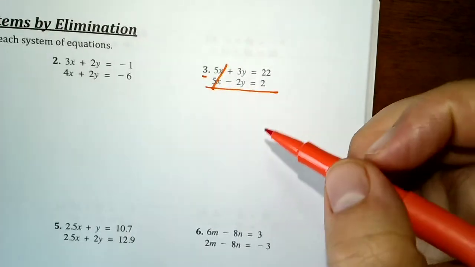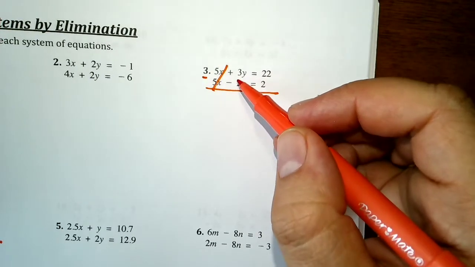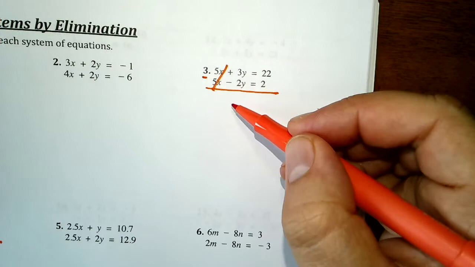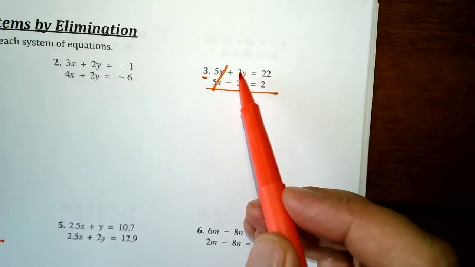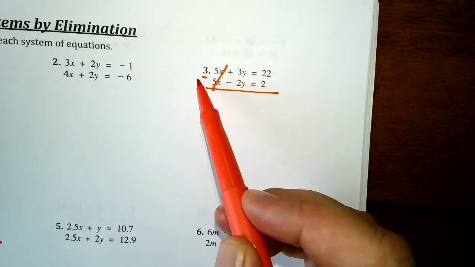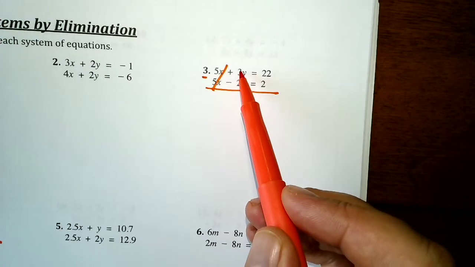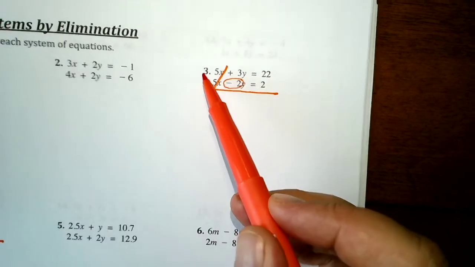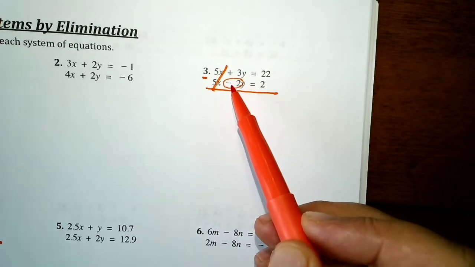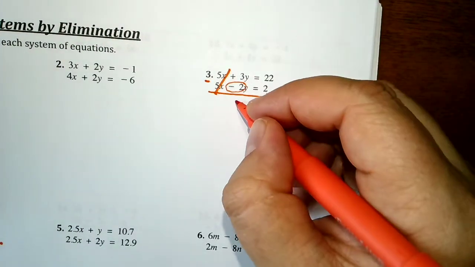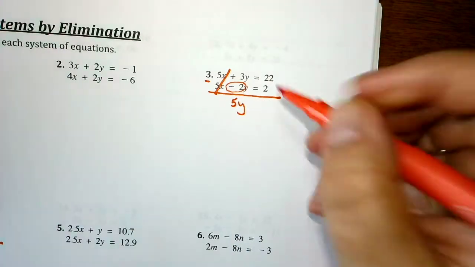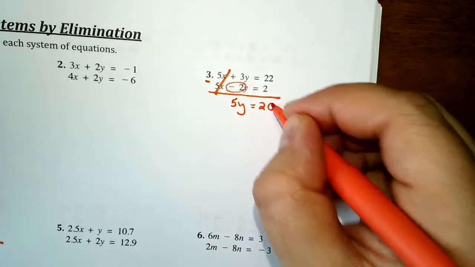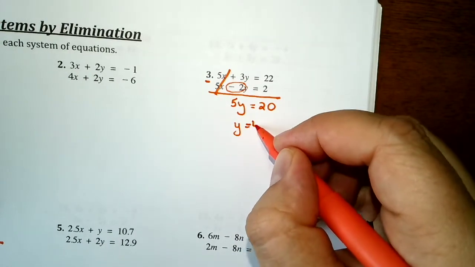All right, so you have to be careful. This is my second time doing this video because I made this mistake. So it's a common mistake: you see this and you see 3 minus 2, but it's 3 minus negative 2. So subtracting a negative, it goes to 5y. And then 22 minus 2 is 20, so y is 4.